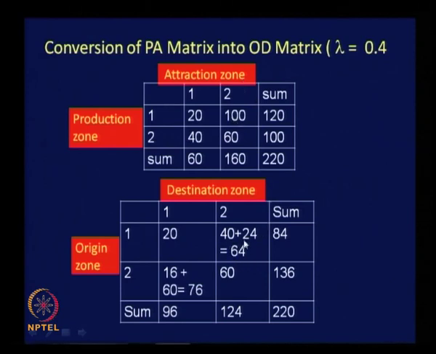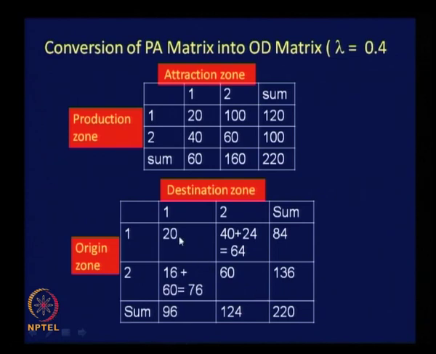How? It is 40 plus 24, 100 is Tij, lambda value is 0.4, 0.4 times 100 is 40, right, plus 1 minus lambda is 0.6 times T21, T21 is 40, 0.6 times 40 is 24. So, we get 64 as a cell value in OD matrix, and similarly you can get the values for other cells.